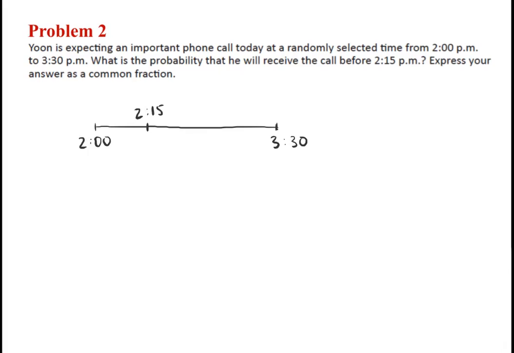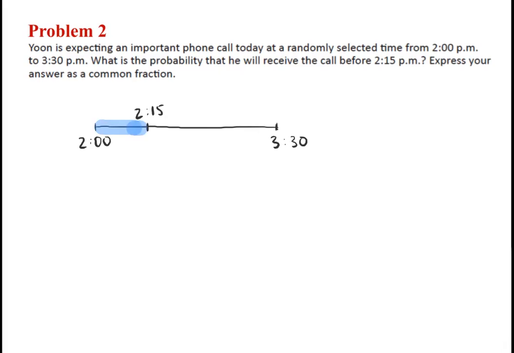So we're asked to find the probability that Yoon will receive the call before 2:15. So that's just this little area. Okay, so we want to find how much time is between 2 o'clock and 2:15.